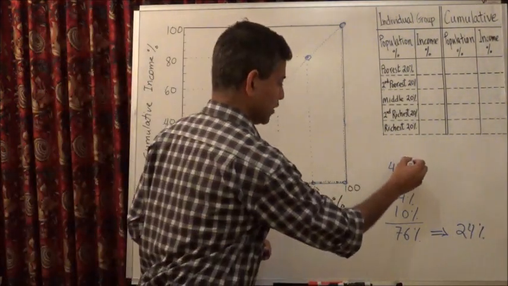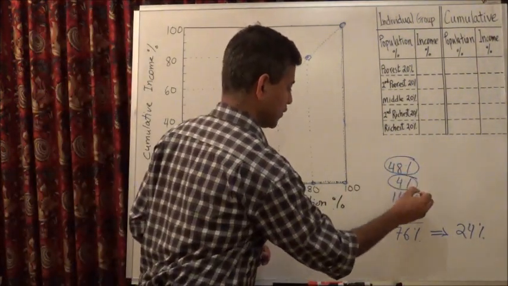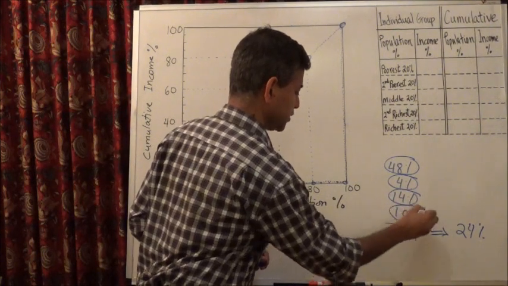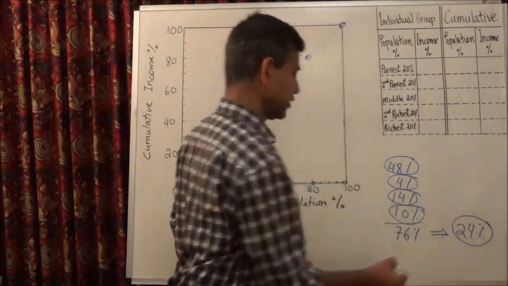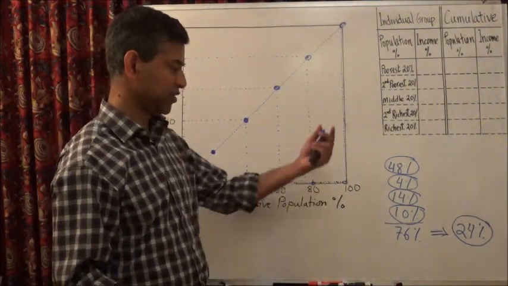So we have 5 different groups' income shares. 4 of them we randomly drew, and the 5th was automatically implied, so we are ready to put these into the table.